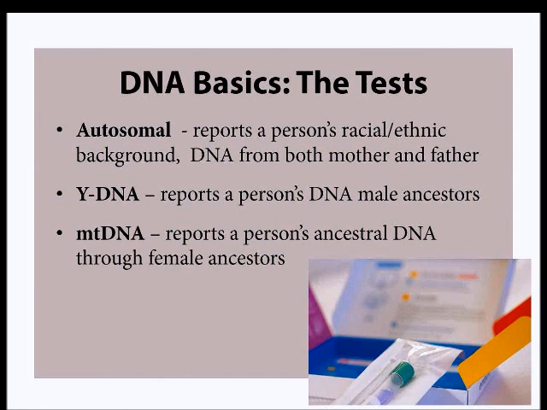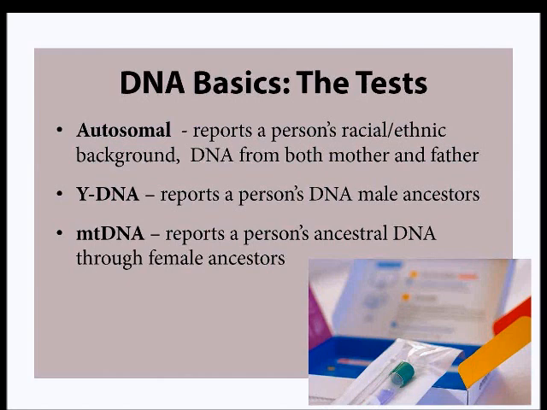Y-DNA reports on a person's male ancestors. The test is more expensive. It ranges from about $120 to $450 or even $700, depending on the number of strands that are tested.